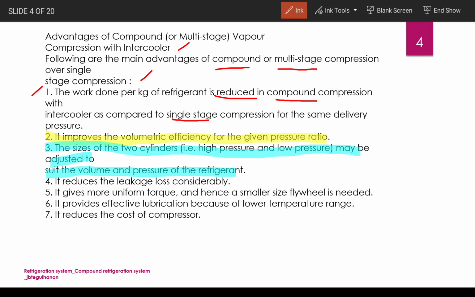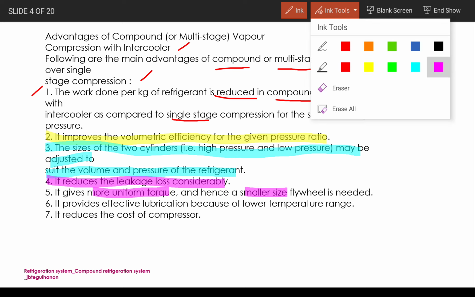Number four, it reduces the leakage loss considerably. Number five, it gives more uniform torque, hence a smaller flywheel is needed, because it has more uniform torque.